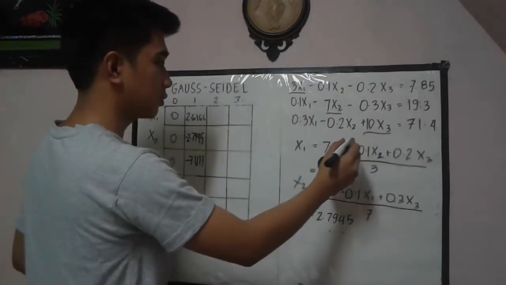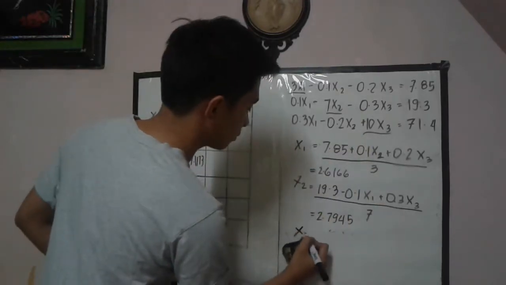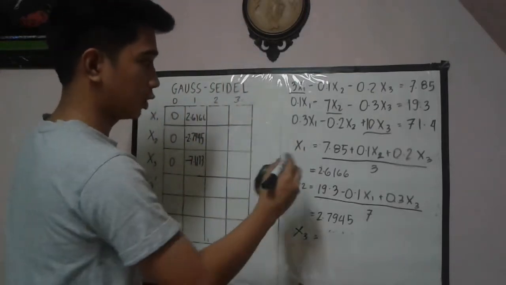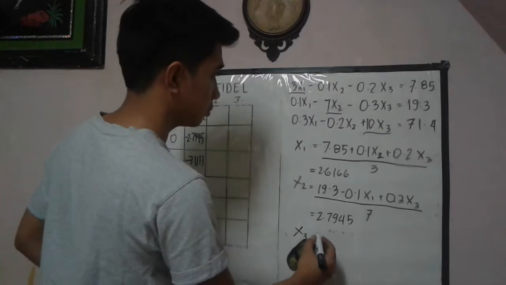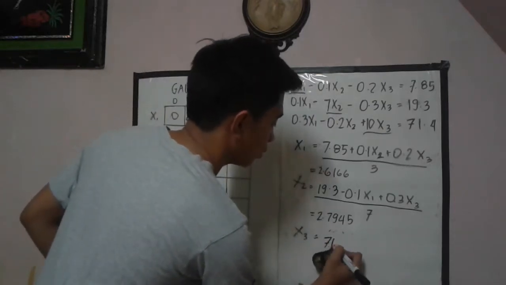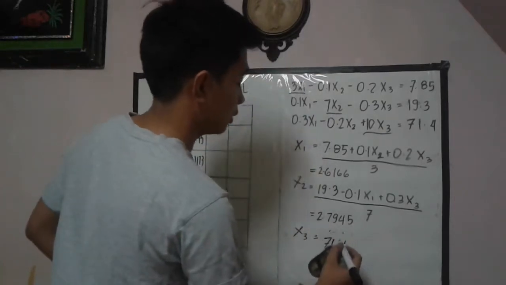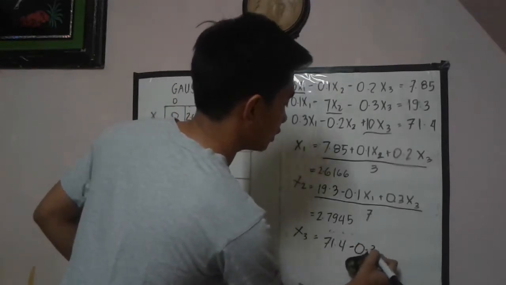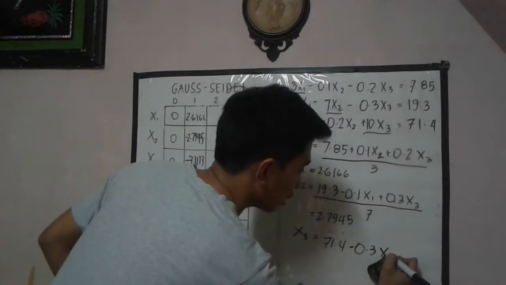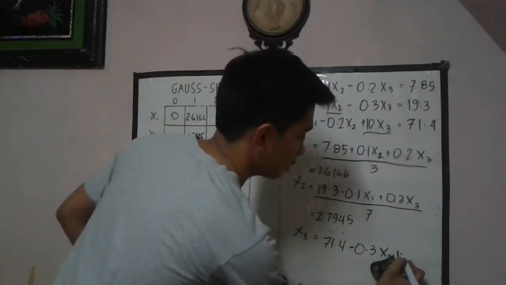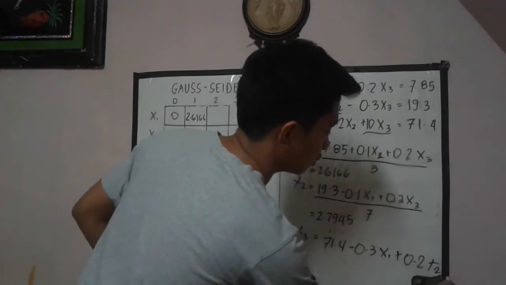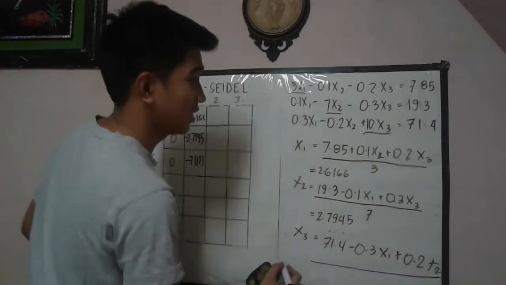For the x sub 3, substituting again, then 71.4 minus 0.3 x1 plus 0.2 x2 over 10.